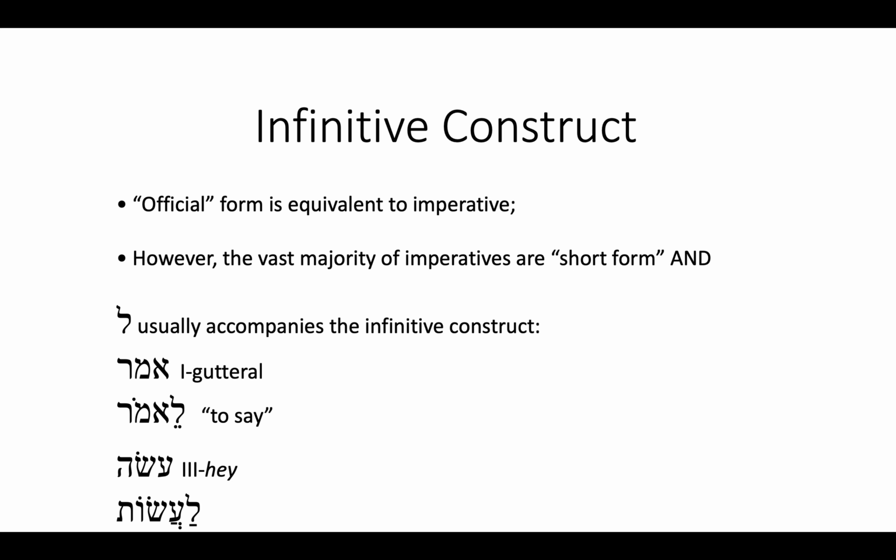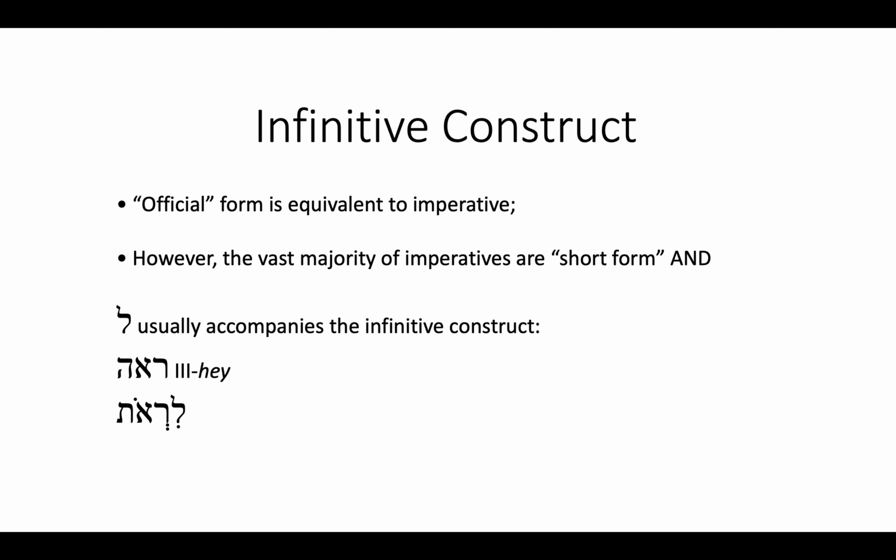So we have ayin, sin, hey, to make or do, and the infinitive construct is la'asot. So we still have the o vowel going on here, but the final hey has turned into a tav. And maybe that's not so weird because we know that nouns that end in kametz hey, when they go into construct, the heys become tavs. But still, that might be a tough form to parse if you didn't know what was going on there.